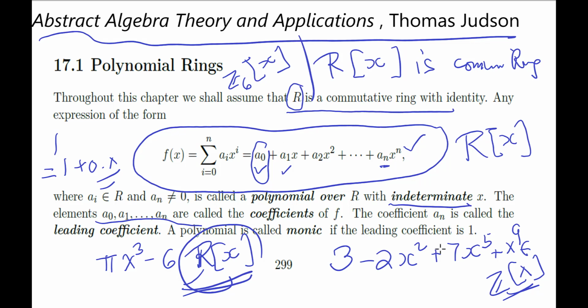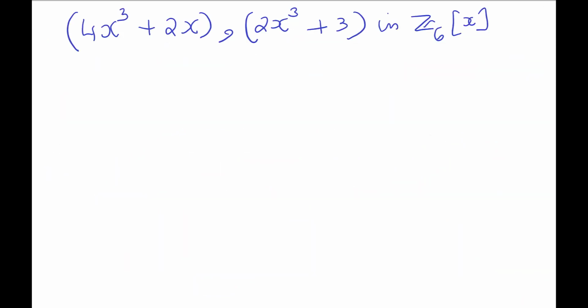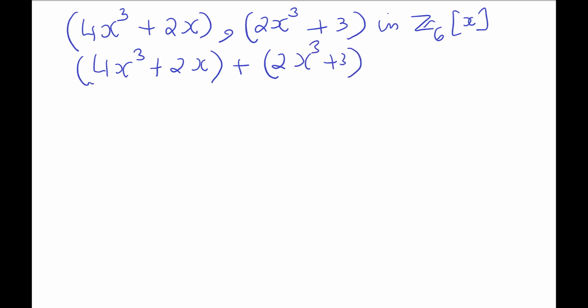Just for a little excursion, let's see. You know how to add them and how to multiply them. So let's take an example in Z6[x] of how two polynomials add or multiply. Let's take these two elements in Z6[x]: 4x cubed plus 2x, and 2x cubed plus 3.